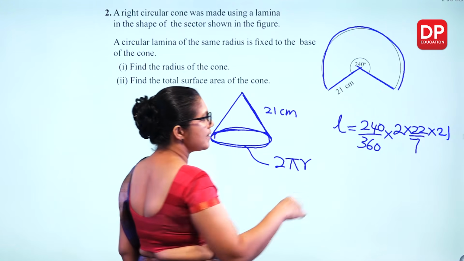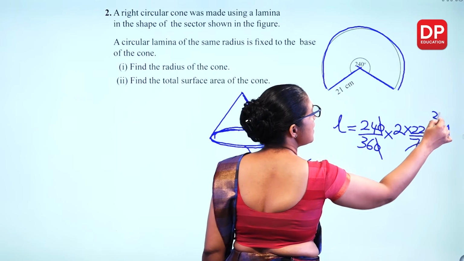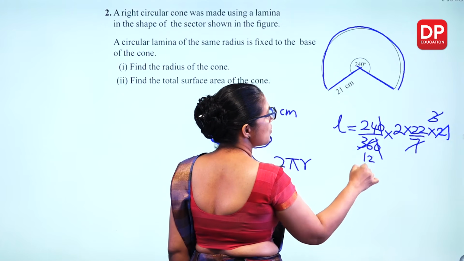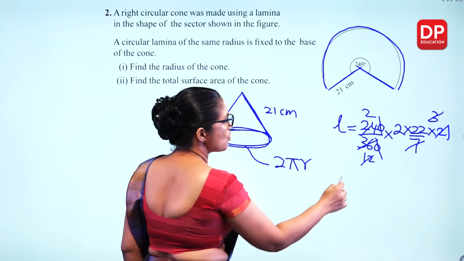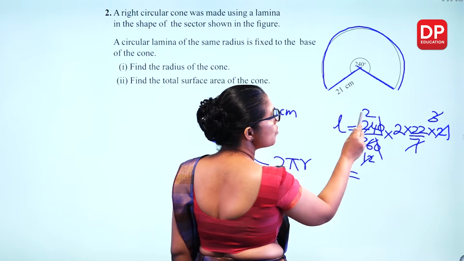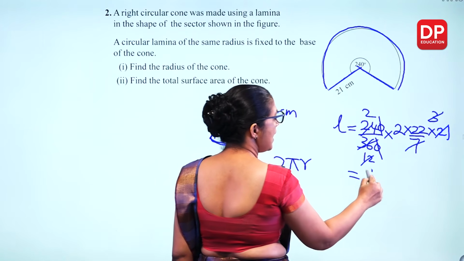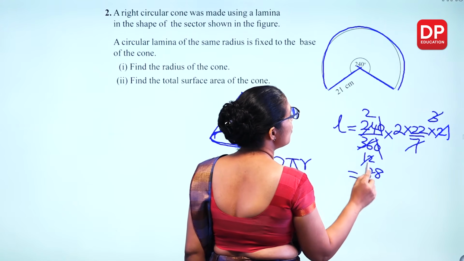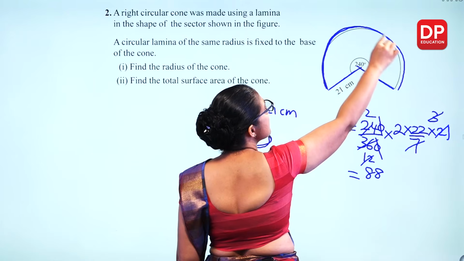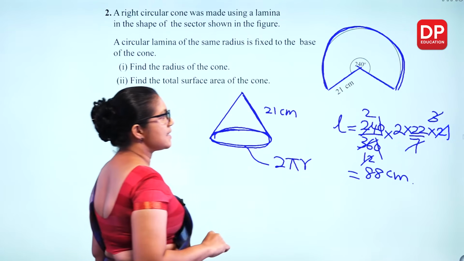When you simplify this, 7 times 3, 3 times 12, 12 times 2. So what's the answer? 12 times 2 times 2, 4. 4 times 22, 88. So this length, this circumference is 88 centimeters.